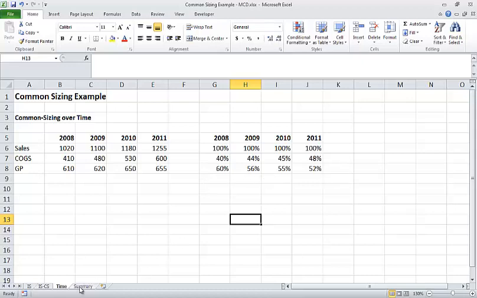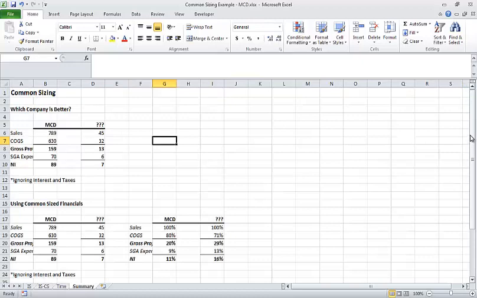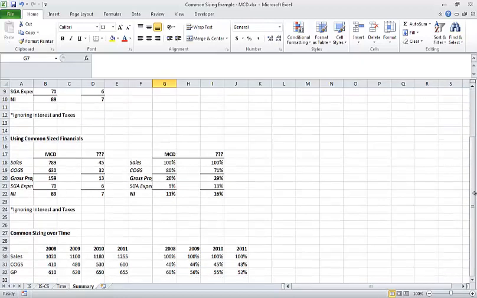So very useful tool. So you should have this summary sheet in your handouts. Again, just to summarize, it's very useful for comparing companies of different sizes, and also useful for looking at the changes in a company's performance over time.